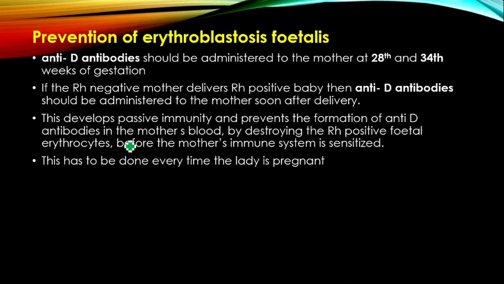Next we will see prevention methods or treatment. We have to give anti-D antibodies to the mother. When we identify a negative blood group in the mother and a positive blood group in the fetus, then we have to inject anti-D antibodies into the mother at the 28th and 34th weeks of gestation. Means during the 28th week and 34th week of pregnancy, we have to give the anti-D antibodies.